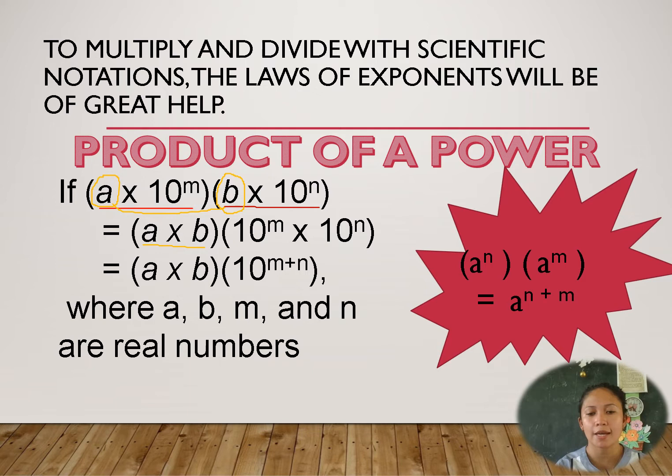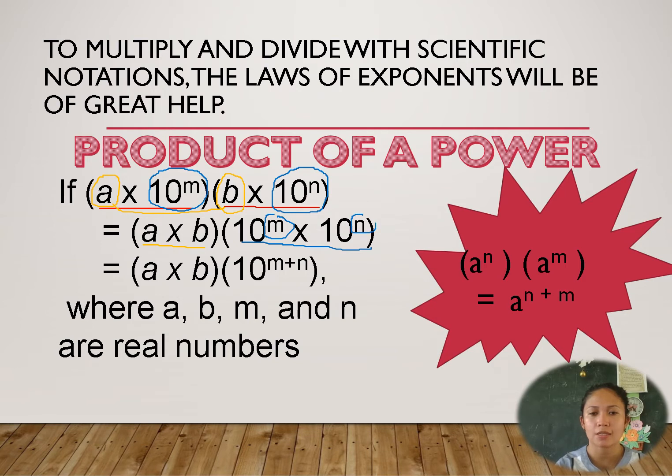And then for the second factors, we have 10 to the power of m for the first scientific notation, and for the second scientific notation, that is 10 to the power of n. So we have here 10 to the power of m multiplied by 10 to the power of n. We need to add its exponents.